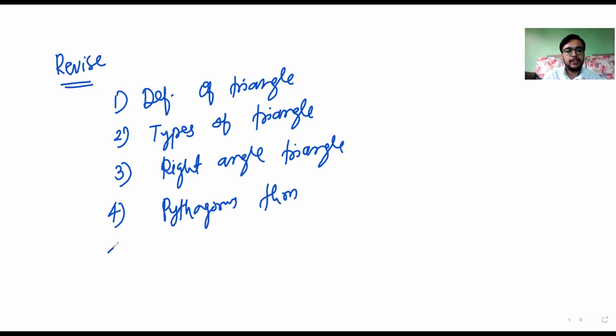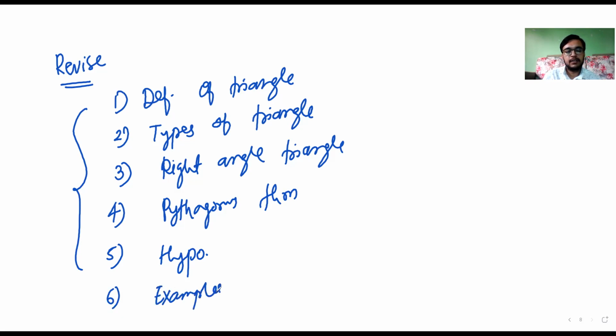For that we have studied what is meant by hypotenuse: the side opposite to 90 degrees is called the hypotenuse. These are the important points and examples of Pythagoras theorem that we have studied in today's class.